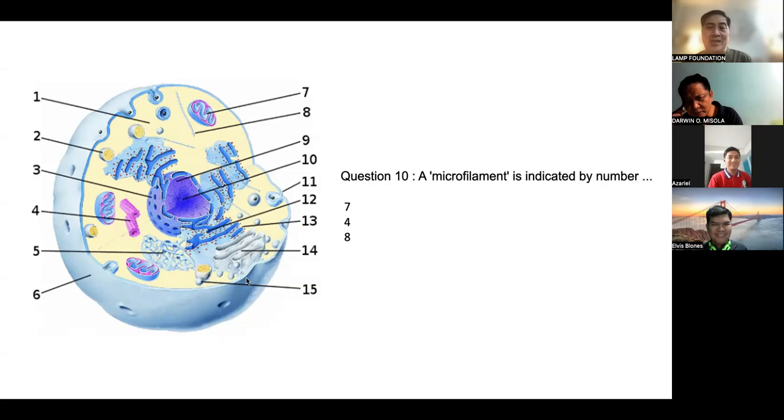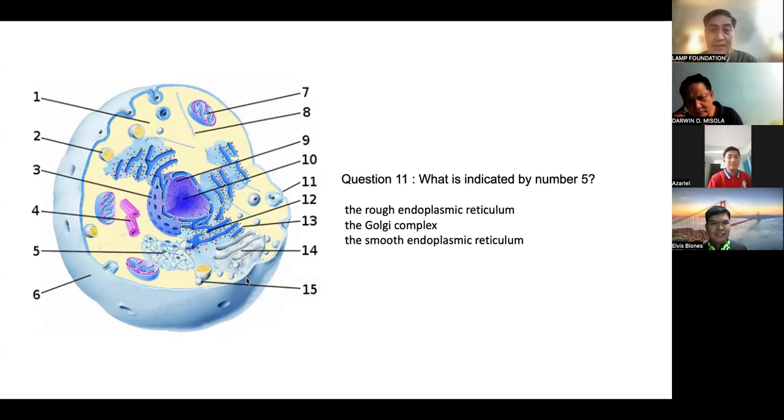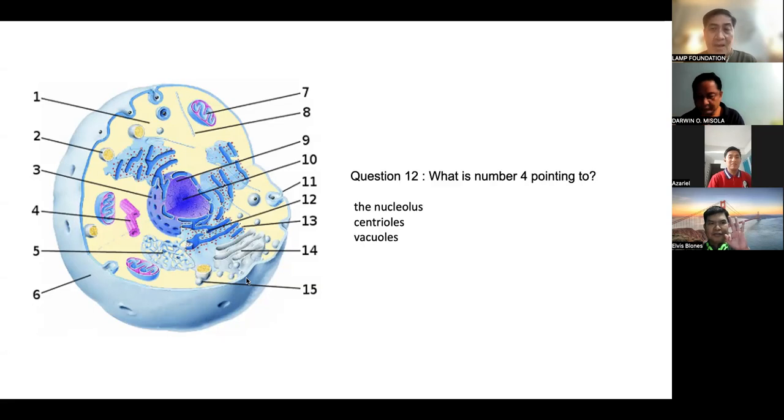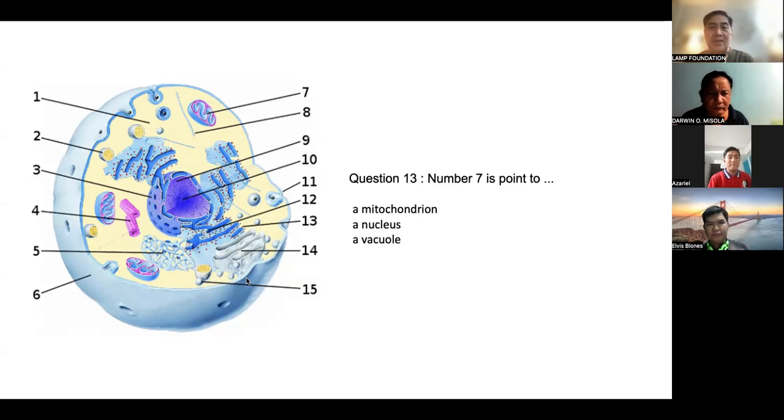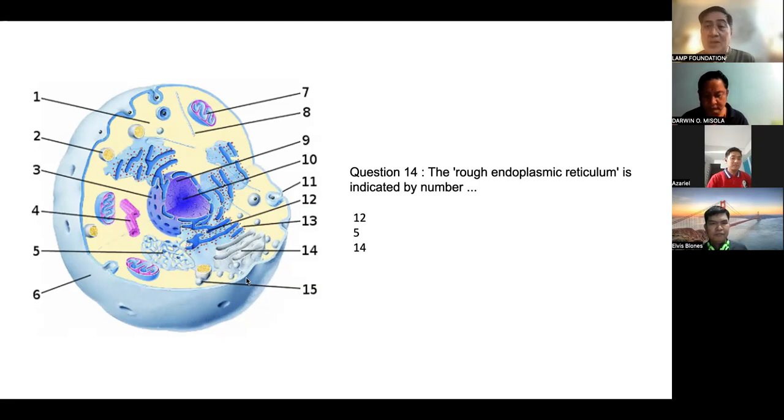A microfilament is indicated by number. What is indicated by number 5? What is number 4 pointing to? Number 7 is pointing to. The rough endoplasmic reticulum is indicated by number.